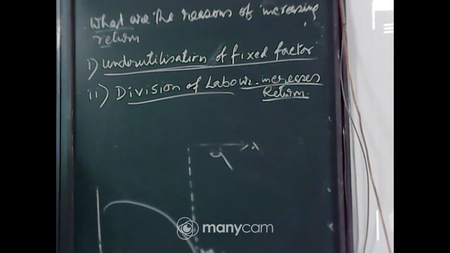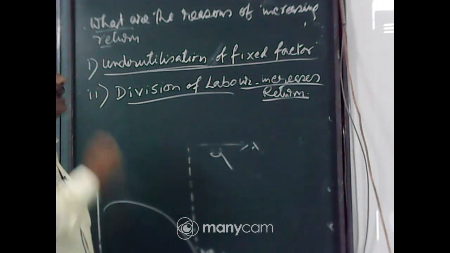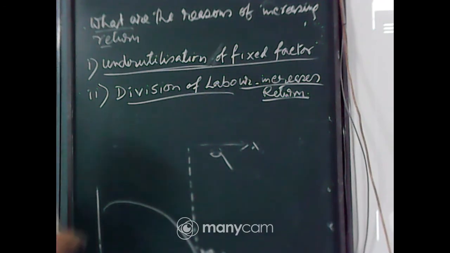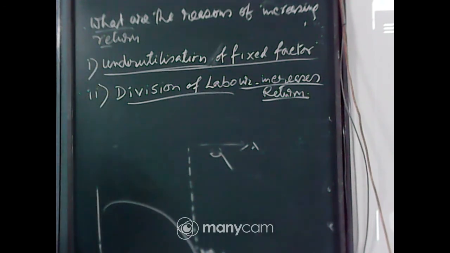All laborers or workers are not equally efficient in every work and even every part of the work. Some workers are efficient in some part of the same work and some in another part. Suppose some persons are very efficient at digging mud, land, and some are not. কোদাল চালিয়ে মাটি কাটতে পারে খুব ভালো, কিন্তু ধান পুঁততে দিলে পারবে না। আবার কেউ ধান পুঁততে পারে, কোদাল চালাতে পারে না. It may be.